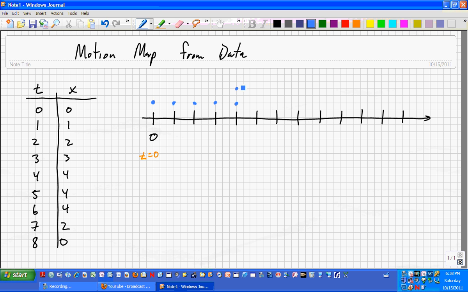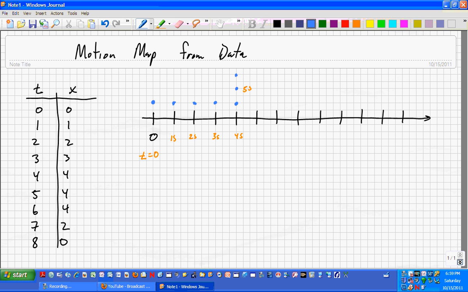At 5 seconds, I am still at, oops, that was 5 seconds, I believe. You know what? I should label this up. I'm losing track. So this is 1 second, 2 seconds, 3 seconds, 4 seconds. So that makes this 5 seconds. And then the next one's going to be at 6 seconds, so I'm still at 4.